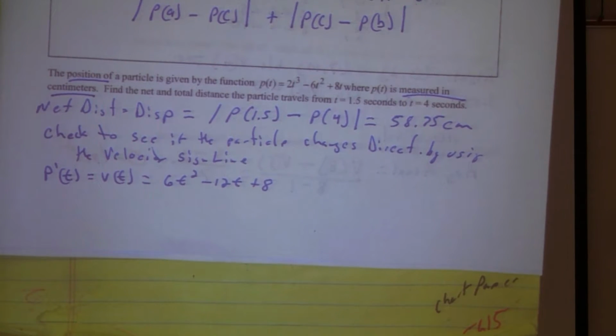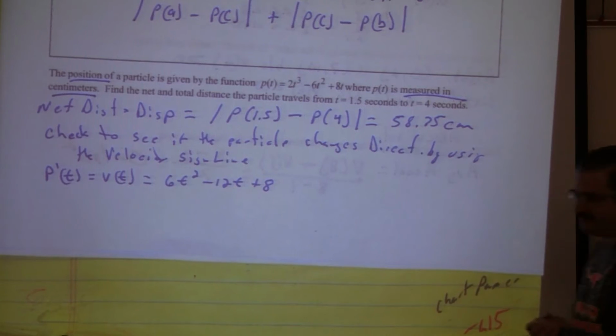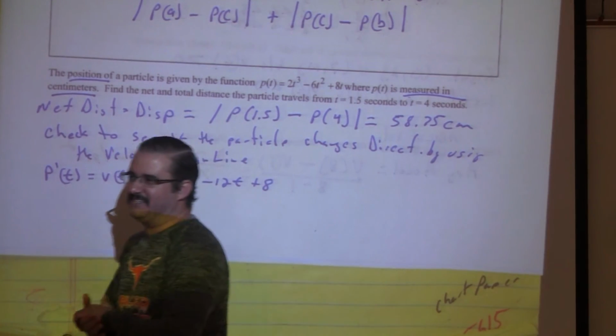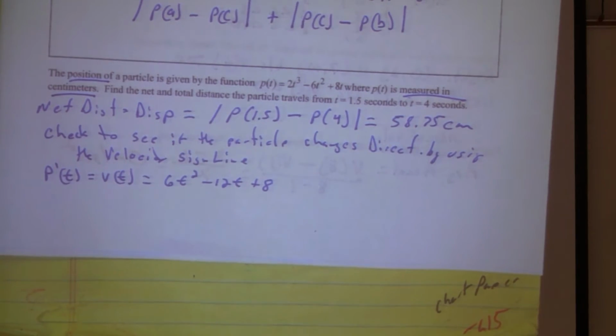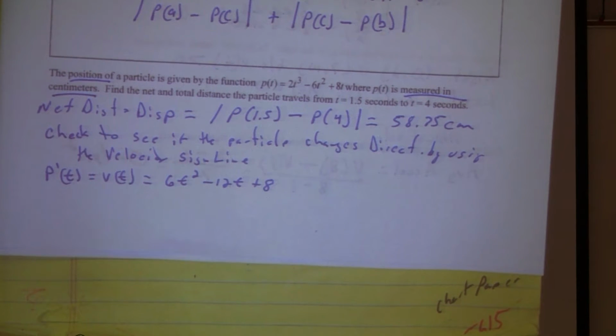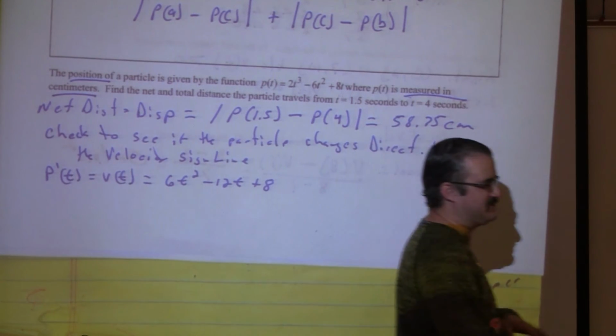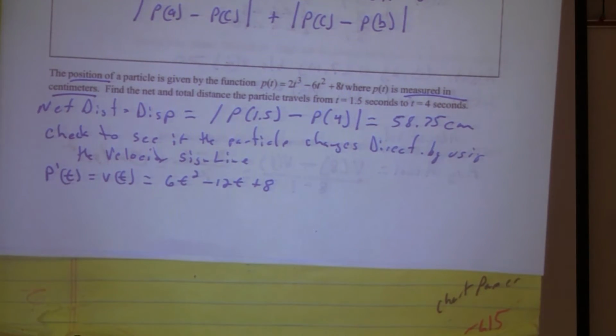Alright, so, did you figure it out? When is the velocity equal to 0? Factor it. How can we do this? Is it factorable? What can we take out? A 2?